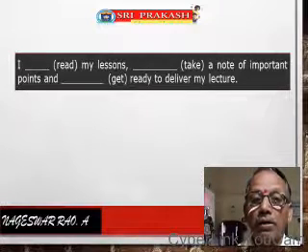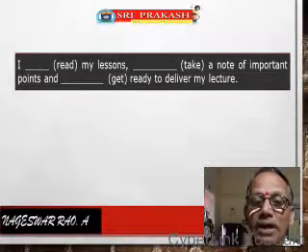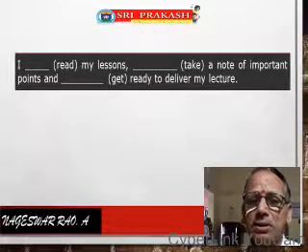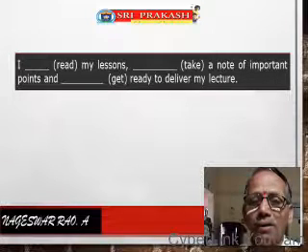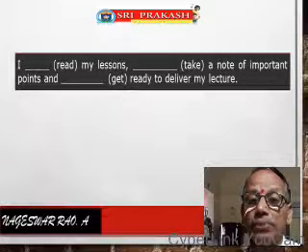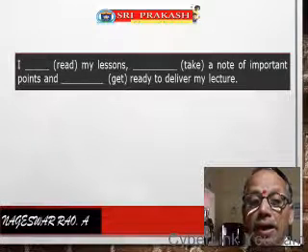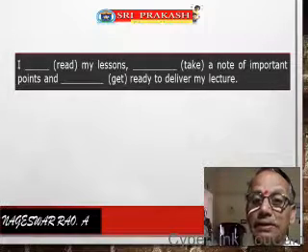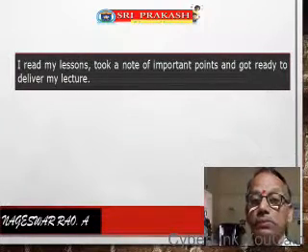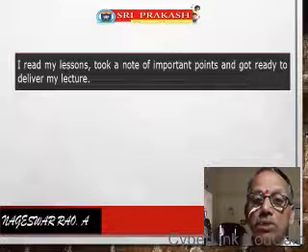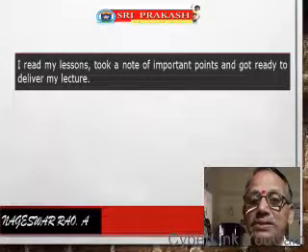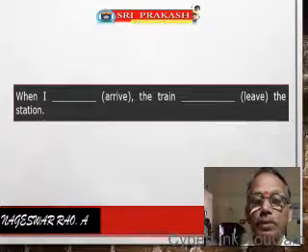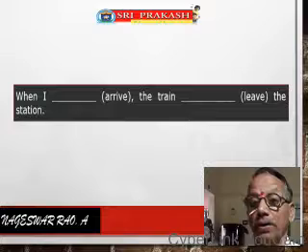Though there is more than one action in the past, and they follow some sequence, all the verbs would take the V2 form. In the last example, we learned that also. Now, in this sentence also: I read my lessons, took a note of important points, and got ready to deliver my lecture.